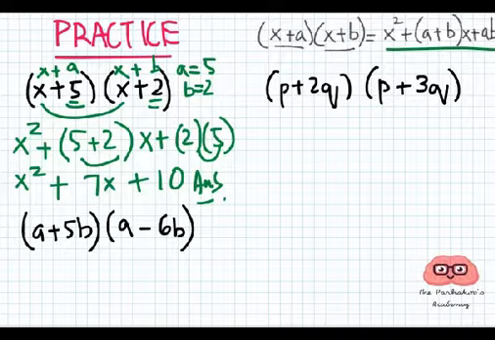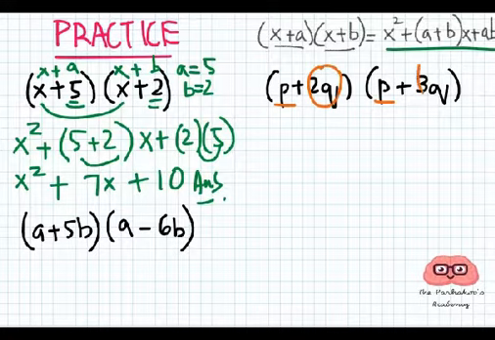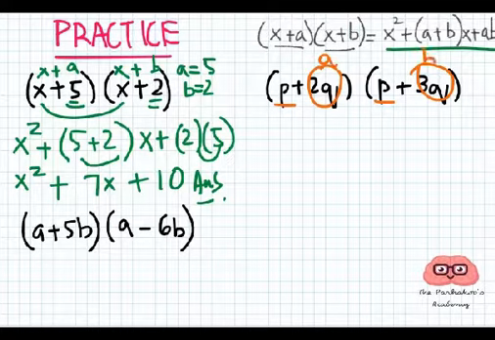Now let's solve this one. Here the first term is p, which is the same in both the expressions. The second term is different in both the expressions, so we can apply this formula. So this is a here and this is b here.